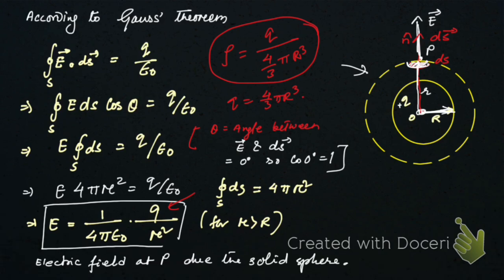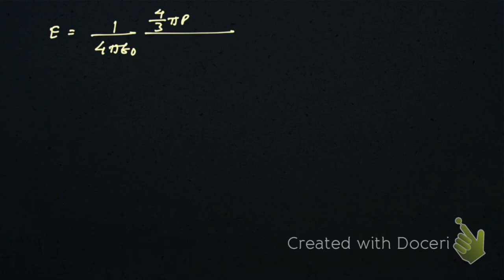Let me go to the next slide. Electric field E is 1 by 4 pi epsilon naught, and instead of q we write 4 by 3 pi capital R cube rho by r square.